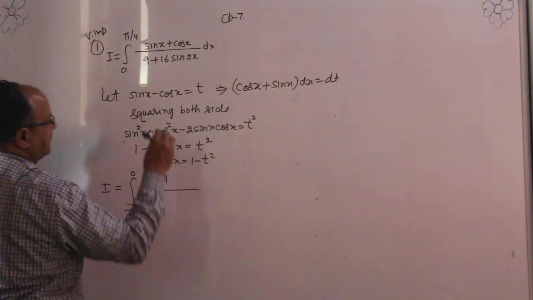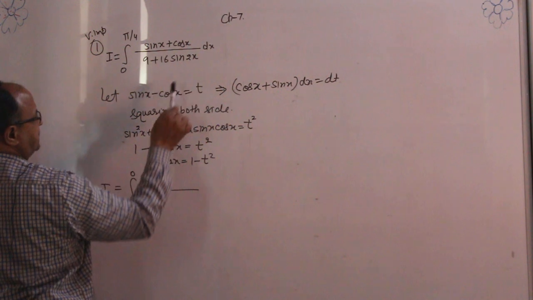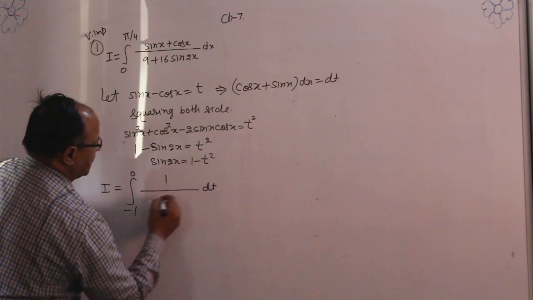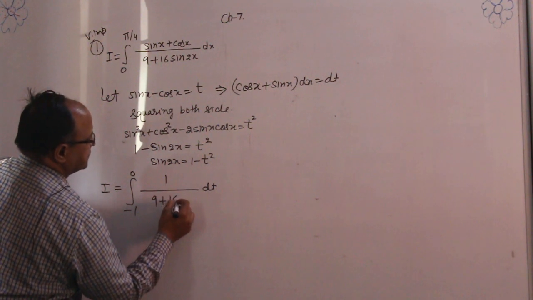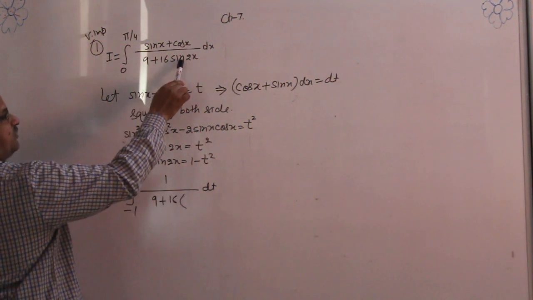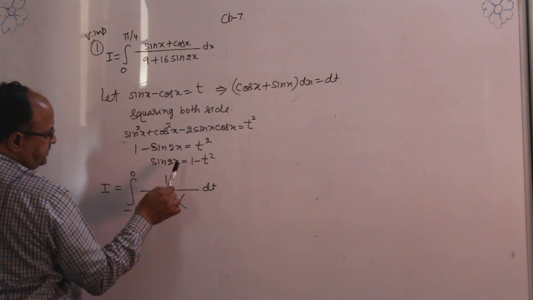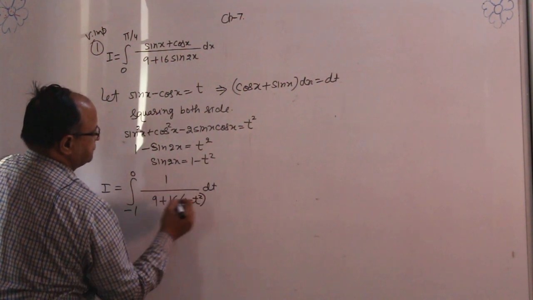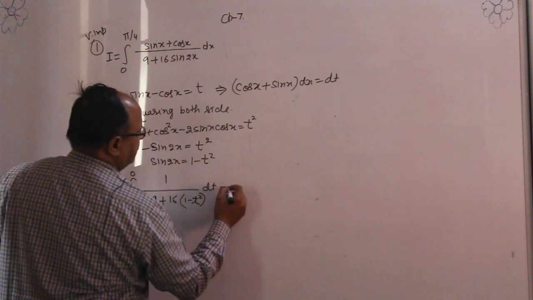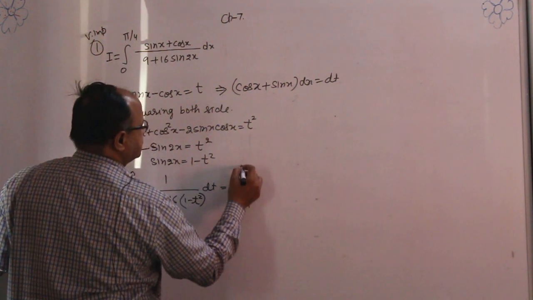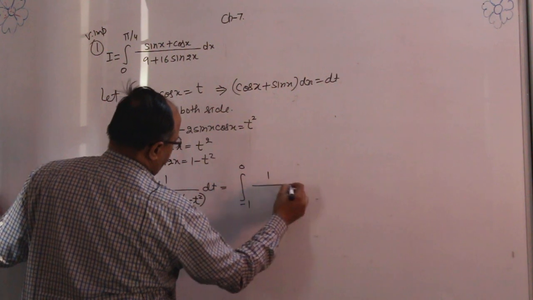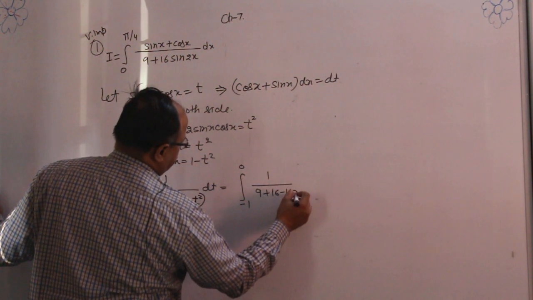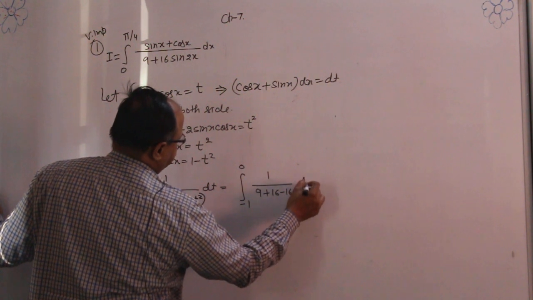So 1 upon, in place of sin x plus cos x dx you can write dt, and in place of sin 2x you can write 1 minus t square. Now simplify further. Limit minus 1 to 0, 1 upon 9 plus 16 minus 16 t square dt.